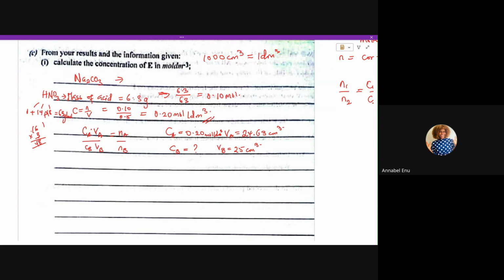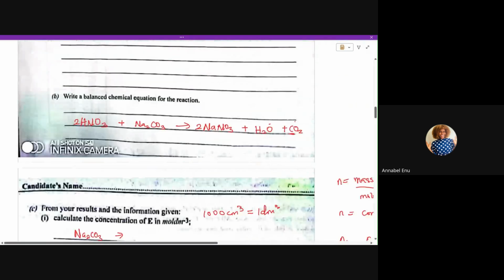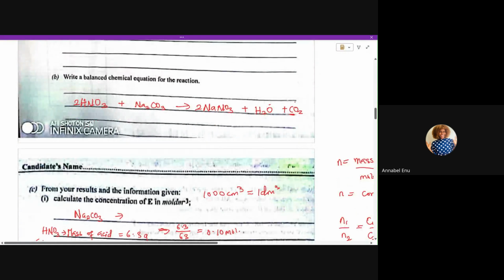Okay, now the number of mole, based on the balanced equation. Okay, we can see that based on the balanced equation, we require 2 acid for 1 sodium tricarbonate.